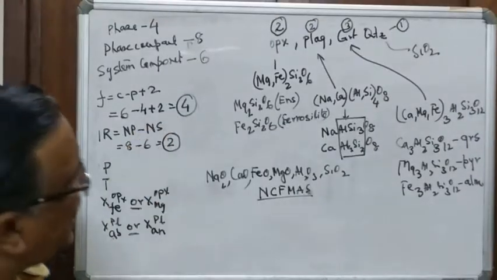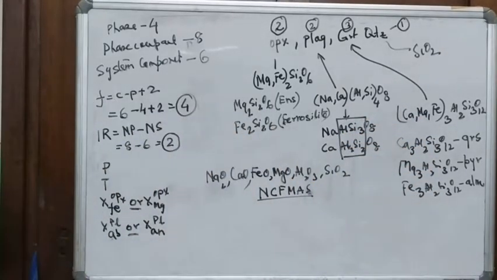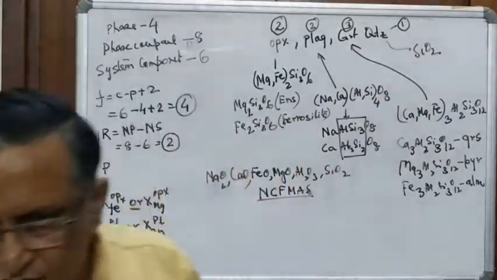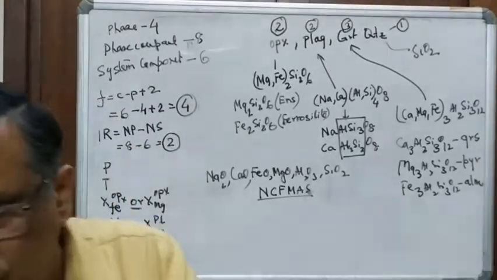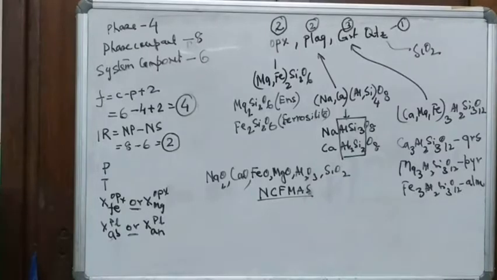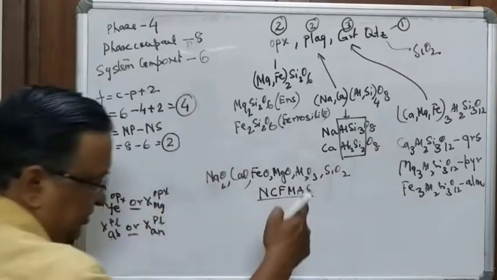And then, lastly, we have the garnet. Now, since quartz is a pure phase, XSiO2 in quartz, or activity of SiO2 in quartz, is equal to 1, so it's quantified. So it's not a variable, it's quantified. And for the garnet, there are 3 components.